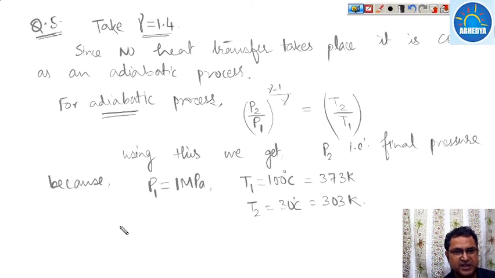So by this, I am taking gamma as 1.4. So P2 is equal to P1 into T2 upon T1, that is 303 upon 373, raised to the power gamma upon gamma minus 1. So we will get the value of P2.